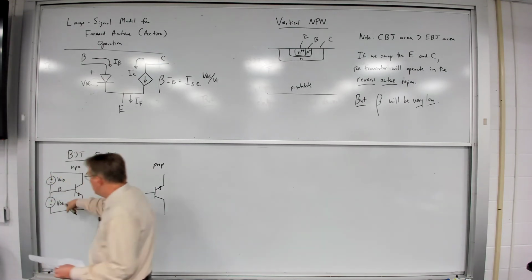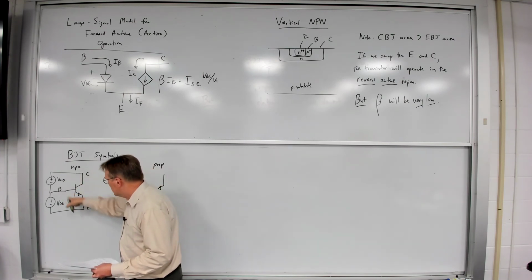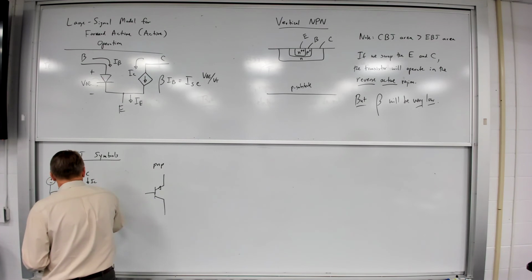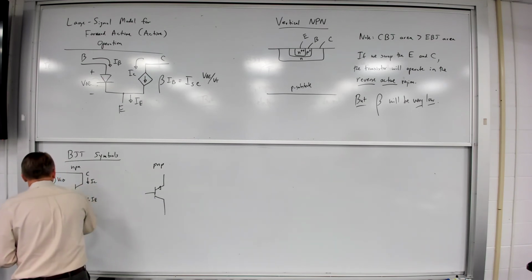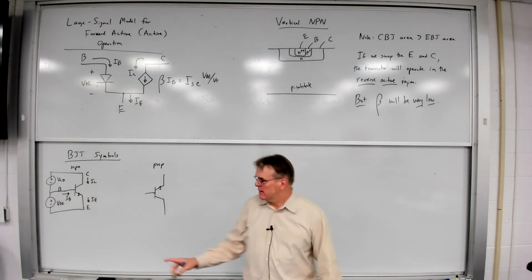So VCB, VBE: this is the voltage between the collector and the base, and between the base and the emitter. Collector current flows in, emitter current flows out, positive base current flows in, which we've already seen.